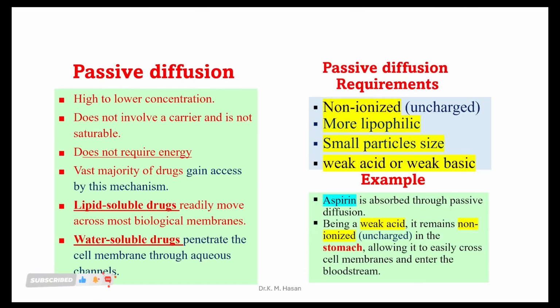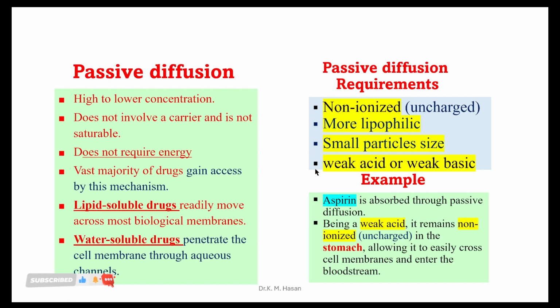Okay, for the passive diffusion requirements, in order for the medication to undergo passive diffusion, as you can see here, the medication should be non-ionized, in other words uncharged. The medication should be lipophilic. The medication should be of small particle size. The medication should be a weak acid or weak base.